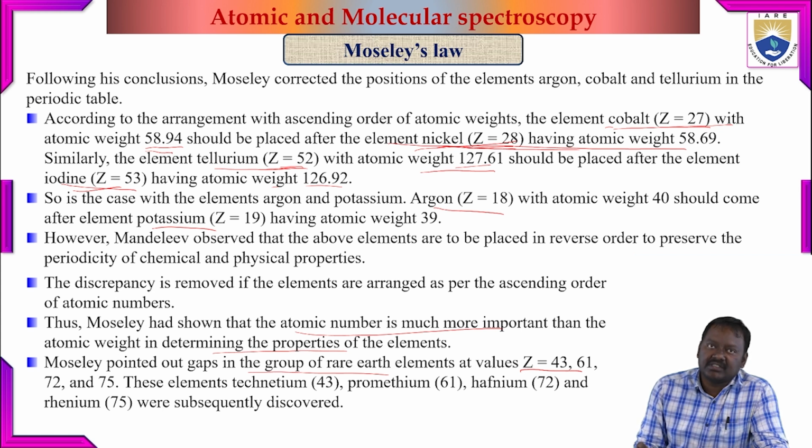These elements, technetium, promethium, hafnium, and rhenium, were discovered later, and should be present in the periodic table. These are the gaps identified by the scientist Moseley.